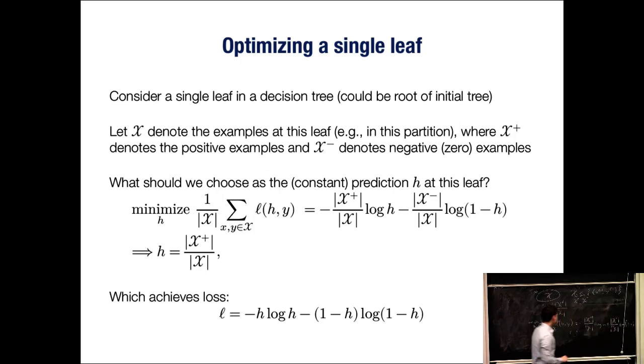All right, and when I take derivatives with respect to h here and set equal to 0, I get this. Everyone kind of remembers how that worked, right? Okay, so that gives me the, again, remarkable result that if I'm trying to minimize the loss I suffer from a single region where I just have some set proportion of positive and negative examples, I should predict the proportion of positive examples. That should be my hypothesis in that region of the space that minimizes my loss function.